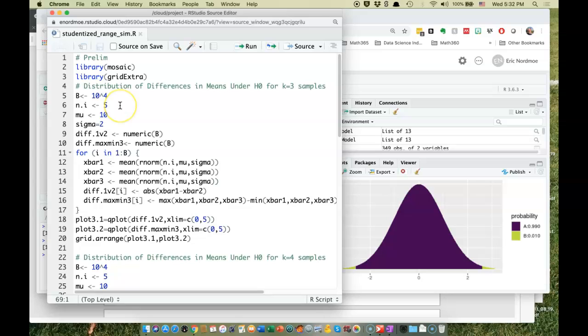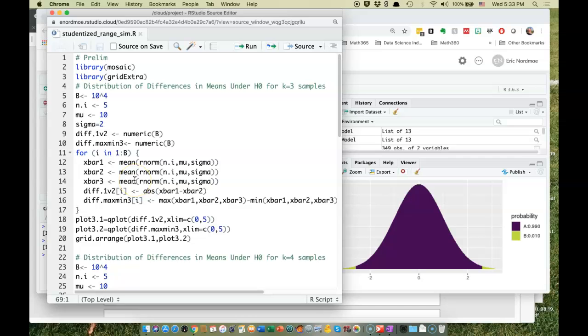So what are we looking at here? We're looking at cases where the means are actually the same. They're all 10. Standard deviation is assumed to be 2. Sample size is 5 for each of the groups. And I'm going to run 10 to the 4th, so 10,000 trials where we generate samples of 5 from each of 3 groups.